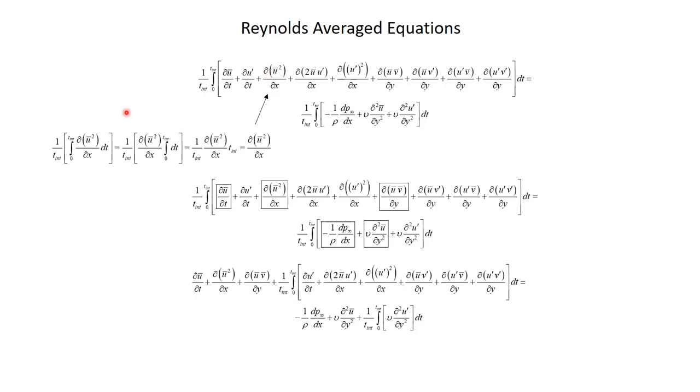So if I do that, so that's what I've done here, I'm integrating a constant because u bar is not a function of time. So I can pull that constant out, which I've done here, and this integral of time with respect to time is just time. So I get this term, right, sort of unchanged. So when you integrate a constant with respect to time, you get that constant multiplied by time.